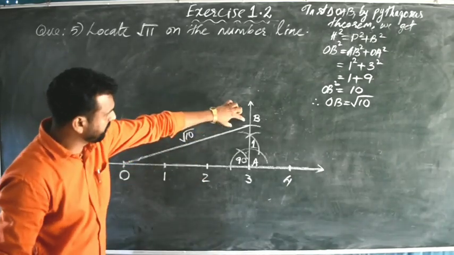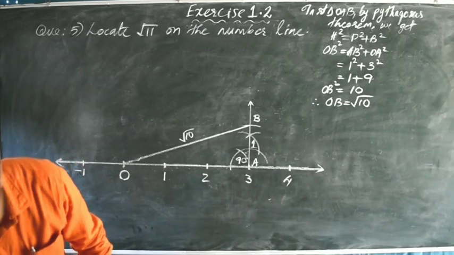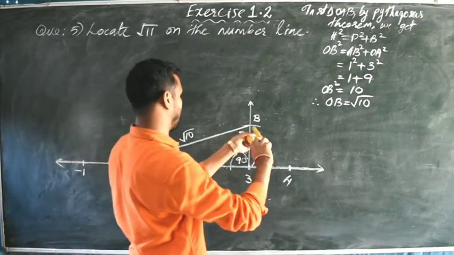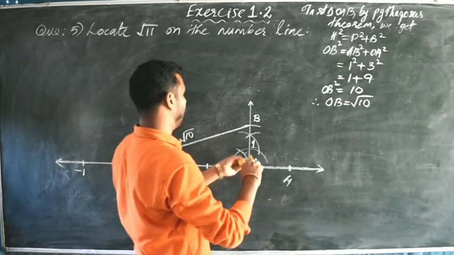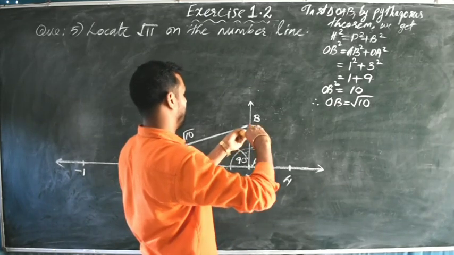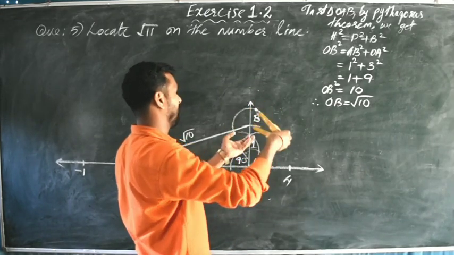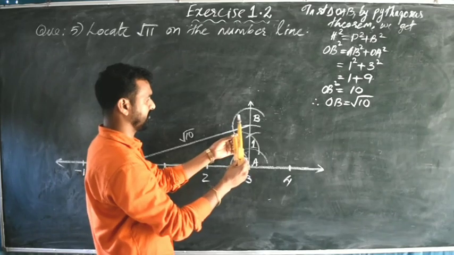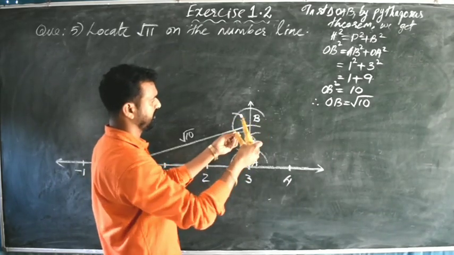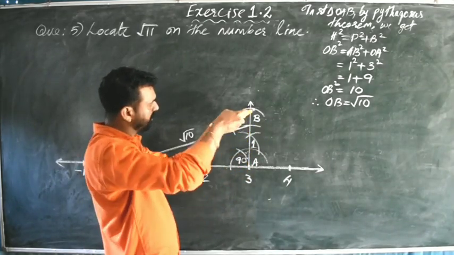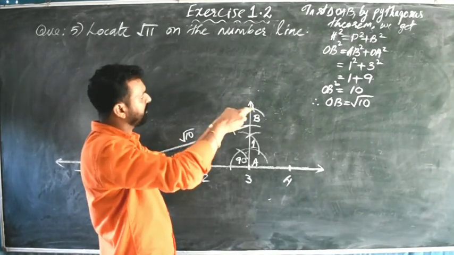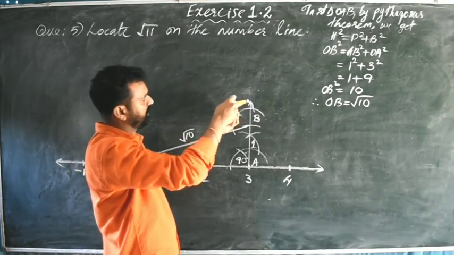Now again we have to make a perpendicular here. With B as center, draw an arc here. Then don't change the radius. With the center of this point, cut that arc. Again with the center of this point, draw an arc here.